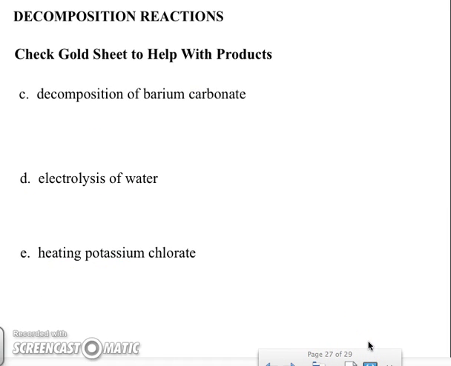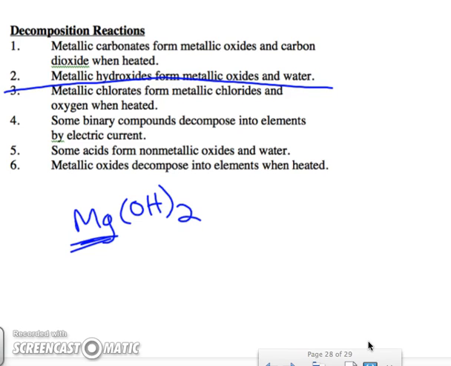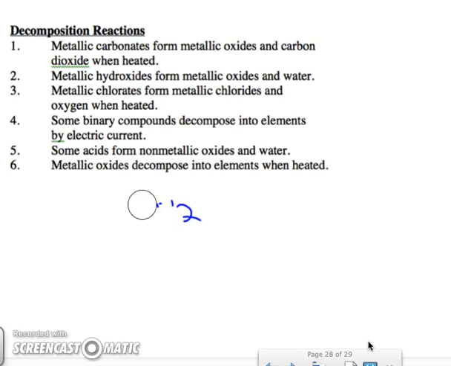In example problem C, we have decomposition of barium carbonate. Let's check the gold sheet to see who the predicted products are for this reaction. Decomposition of barium carbonate.